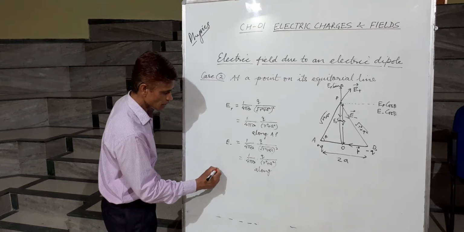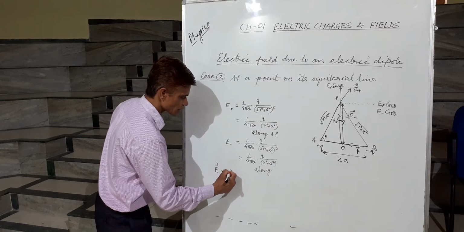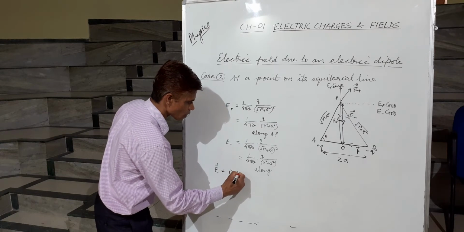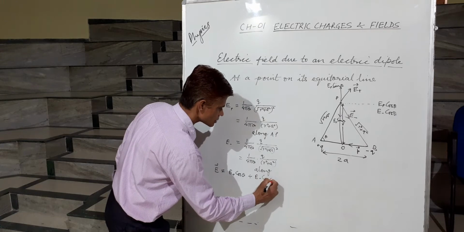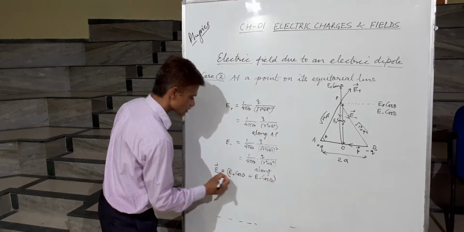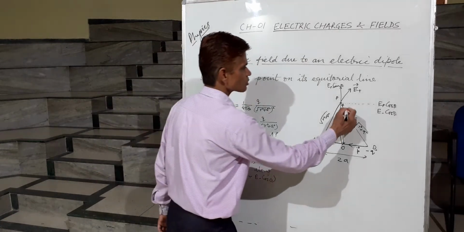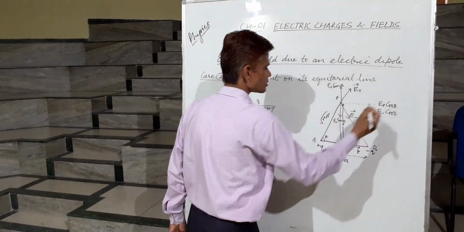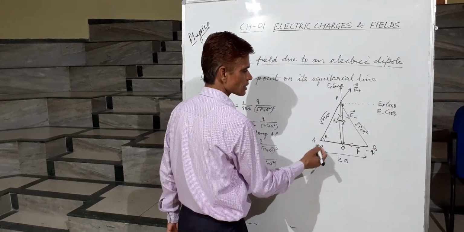So the net electric field will be E is equal to E plus cos theta plus E minus cos theta, and in vector form, how can we write? You observe the net electric field is in this direction, which is opposite to the direction of the electric dipole moment vector.